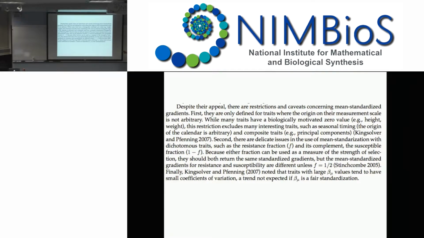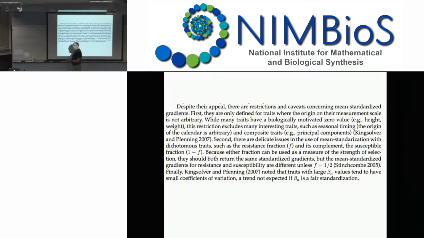Finally, Kingsolver et al. noted that traits with large mean standardized values tend to have small coefficients of variation. So there's a tendency for these to say something about the variance as well, and that trend wouldn't be expected if it's a fair standardization. Not that it's in the direction, but you wouldn't expect any trend whatsoever. And the fact that traits with large mean standardized values tend to have small coefficients of variation says that maybe other stuff is going on.